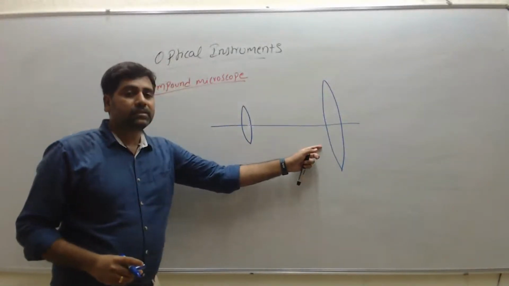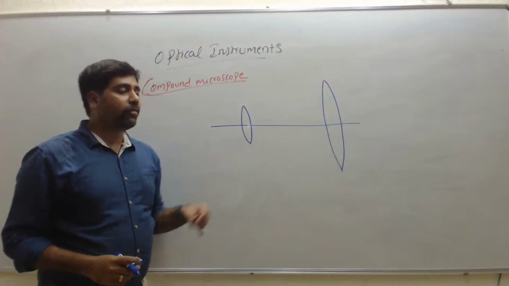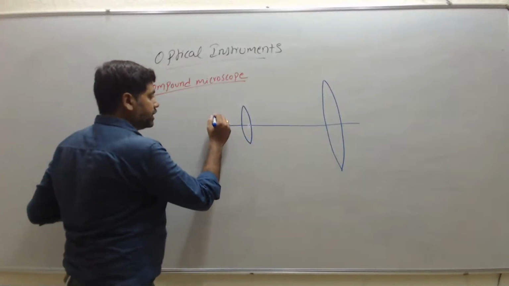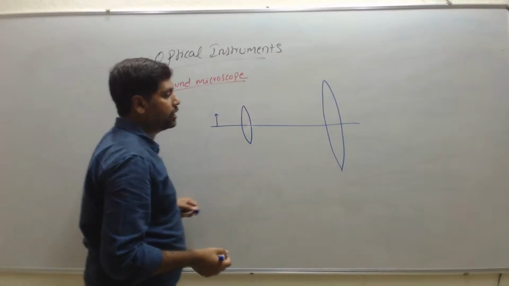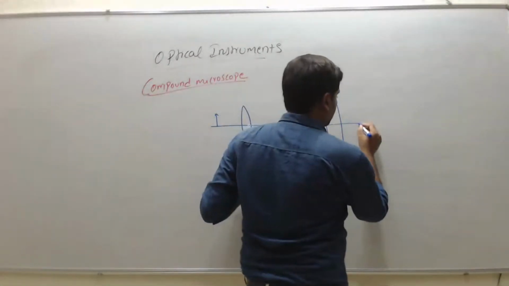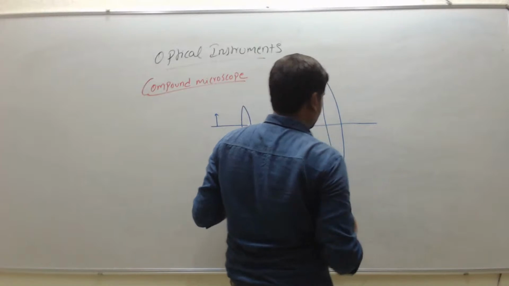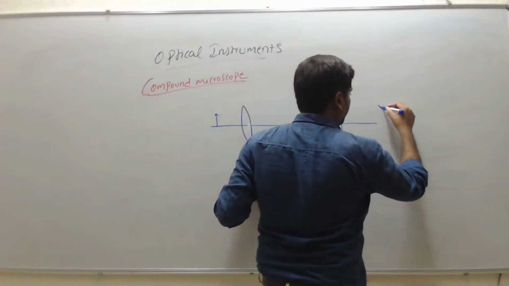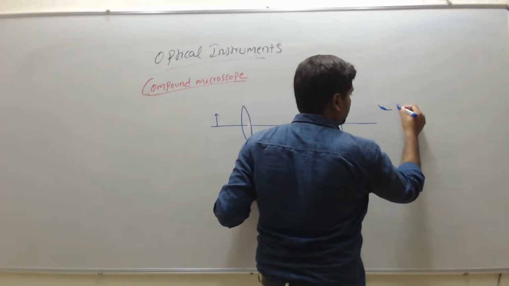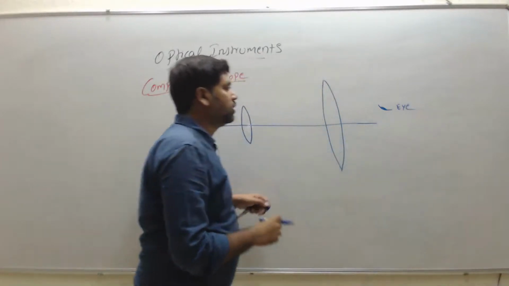These two lenses are placed between the object and the eyepiece.